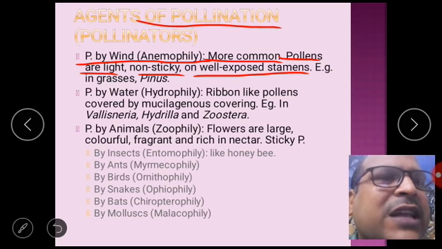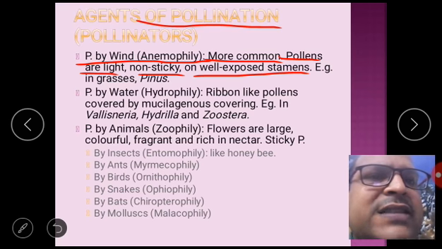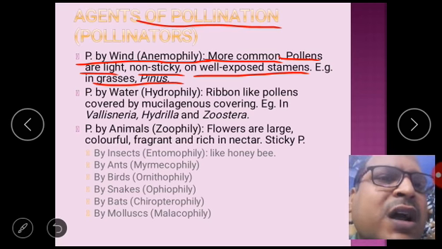So they are well exposed stamens, and the examples are grasses, and one very good example is Pinus. If you are appearing in the NEET exam, this example is asked again and again, Pinus. So you must know Pinus is an anemophilous plant. Anemophilous plant means where pollination by wind occurs.